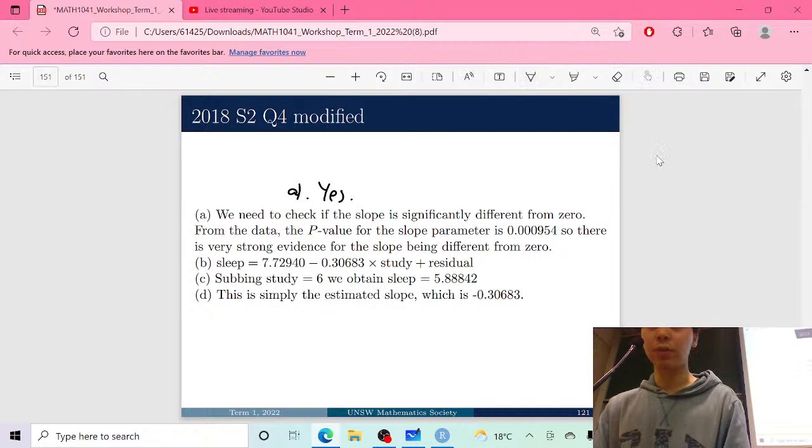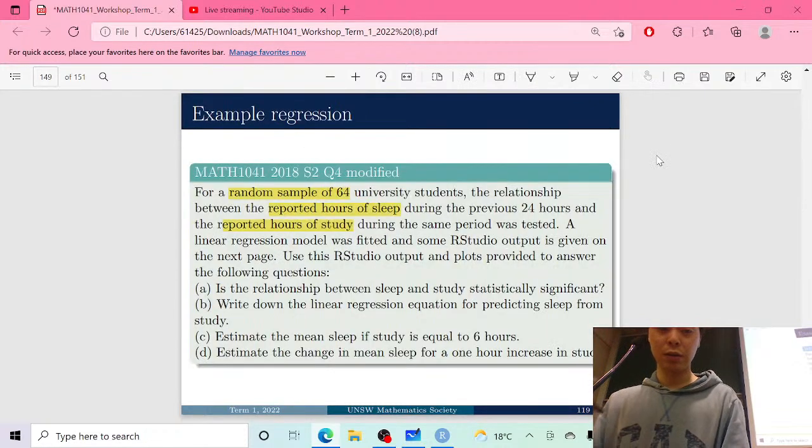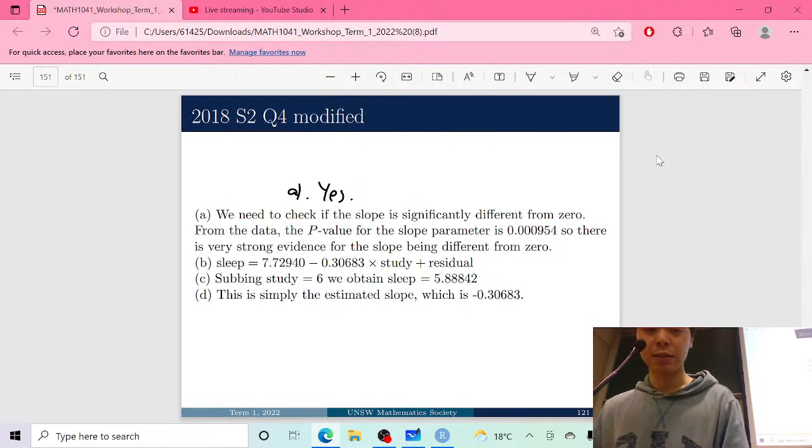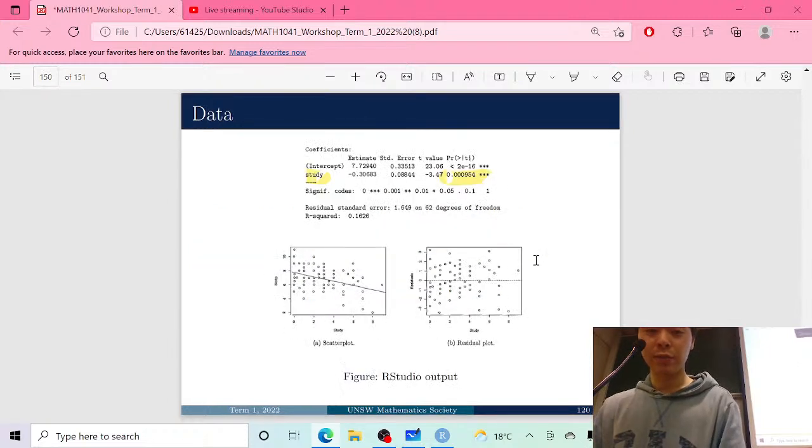For B, let's have a look at part B. We want to write down the linear regression equation for predicting sleep from study. So the idea here is that we want to compute beta 0, beta 1, and then any residuals that we have. If we look at this, the intercept is going to be this value here, 7.729440.